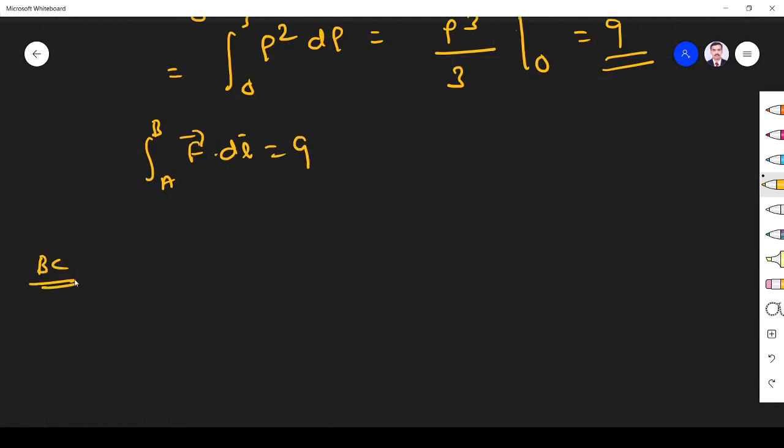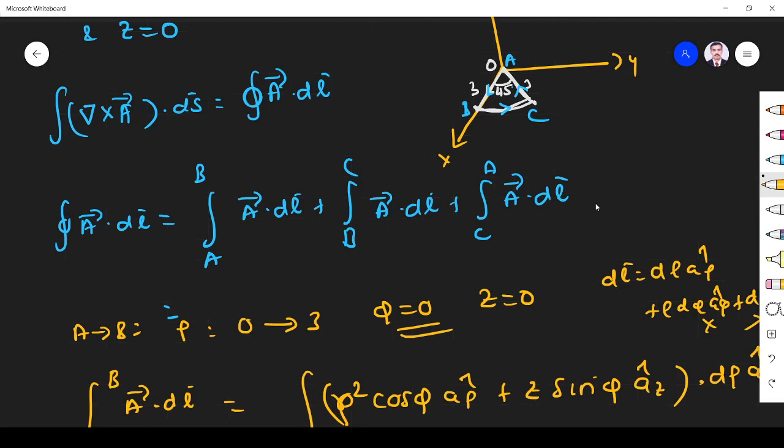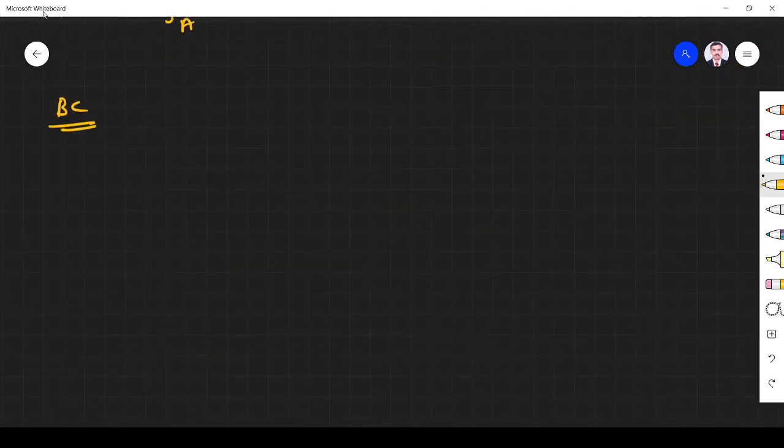Next we go to b to c. In b to c, look at the contour: the angle varies from 0 to 45 degrees, but rho is the same, 3 everywhere on the arc. So rho is constant at 3, phi is varying from 0 to 45 degrees, and as usual z is equal to 0.